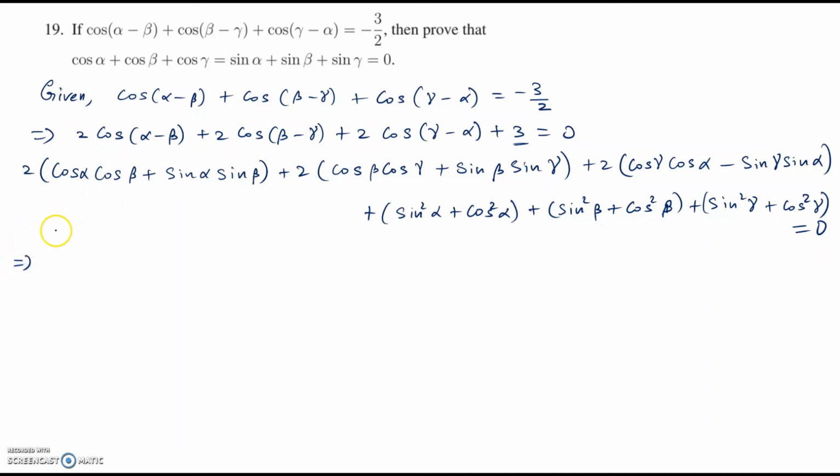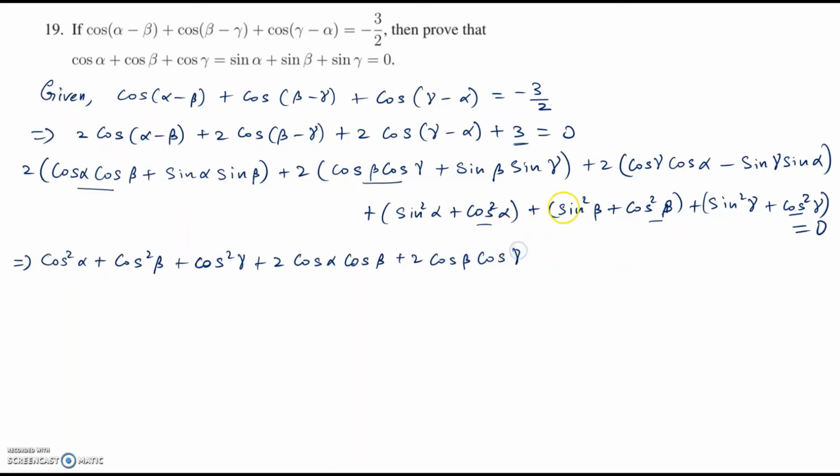So let's take the cos first. So cos squared alpha plus cos squared beta plus cos squared gamma plus 2 times cos alpha cos beta, plus 2 times cos beta cos gamma, plus 2 times cos gamma cos alpha.